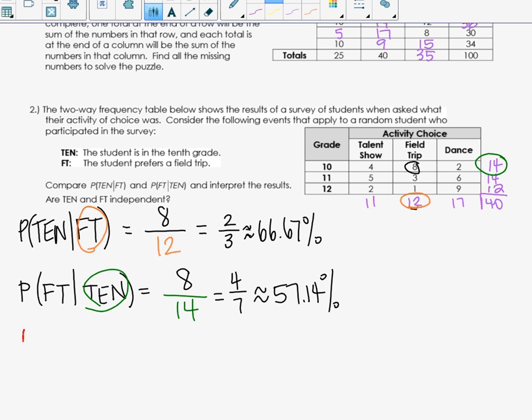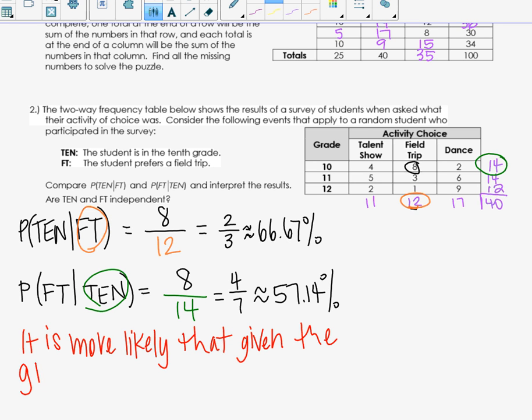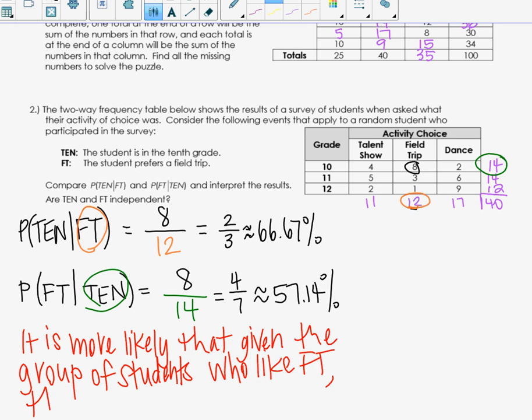So I'm going to say it is more likely that given the group of students who like field trips, they are in the 10th grade. Rather than if you had a group of 10th graders.